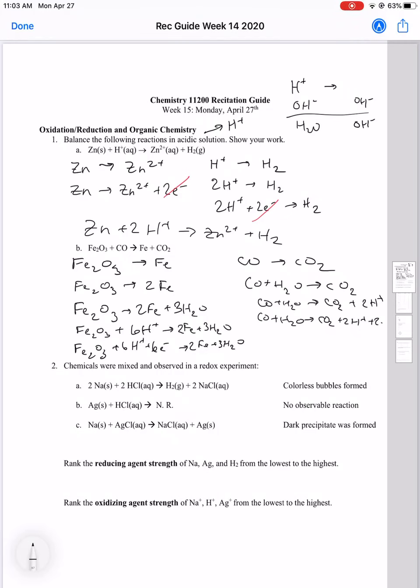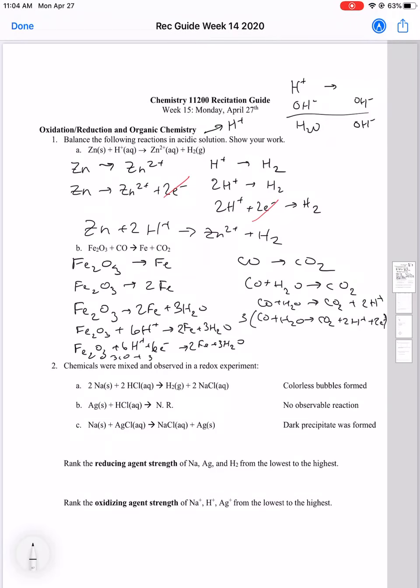We'll need 2 electrons to balance all the negative charges. Then we want these to be able to cancel out. So we'll multiply this by the least common multiple. We'll multiply that by 3, so we get 6 electrons here.